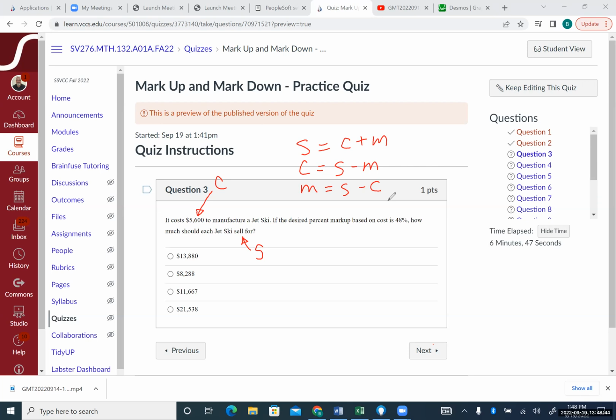Would we need to find 48% of 5,600? Very good. And how would you do that? 5,600 times 0.48. Perfect.